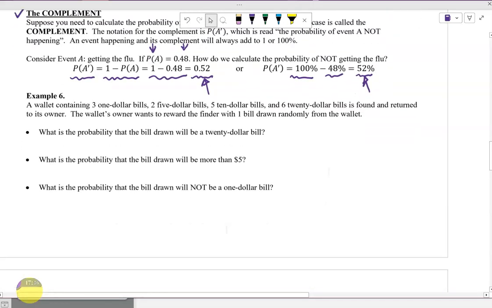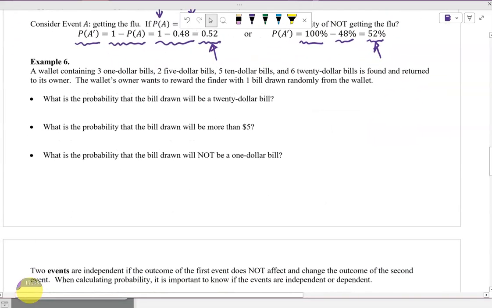Okay, example 6. A wallet containing 3 $1 bills, 2 $5 bills, 5 $10 bills, and 6 $20 bills is found and returned to its owner. The wallet's owner wants to reward the finder with 1 bill drawn randomly from the wallet. Okay, so that's our sample space, all those bills in the wallet.